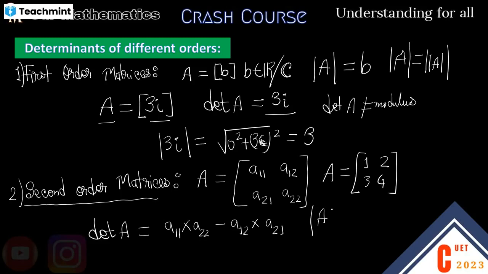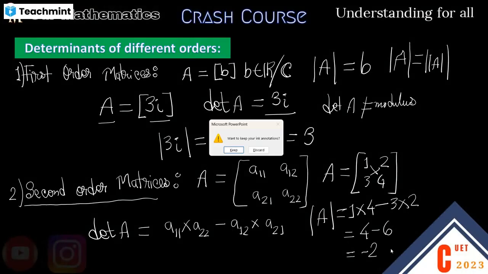Then what will be the determinant of a, it will be equal to 1 into 4, প্রথমতে আমি diagonal elements নি multiply কৰিম along this diagonal, then another diagonal accordingly যিখিনি element থাকে সেইখিনি আমি multiply কৰি minus কৰিম, that is 1 into 4 minus 2 into 3, or 3 into 2 you can write, it will be equal to 4 minus 6, which is equal to minus of 2, okay.